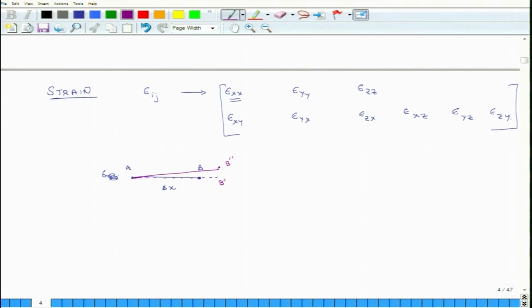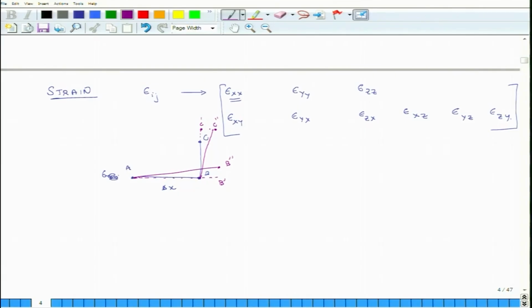And then I have another line element BC, starting from B. I can do the same thing to BC. I can make it longer and I can also rotate it. So, let us say this is C prime prime, C prime.